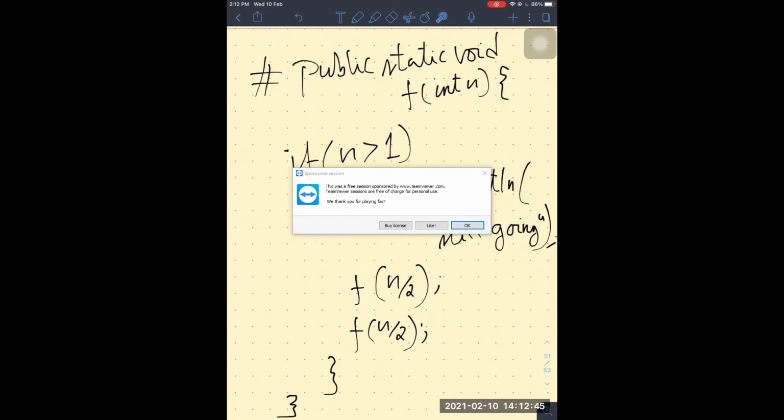So you have to find the number of times the print function will be executed. You have to find one recurrence equation for this function. Why do we have 2 f of n over 2? Yeah, it is just the function.